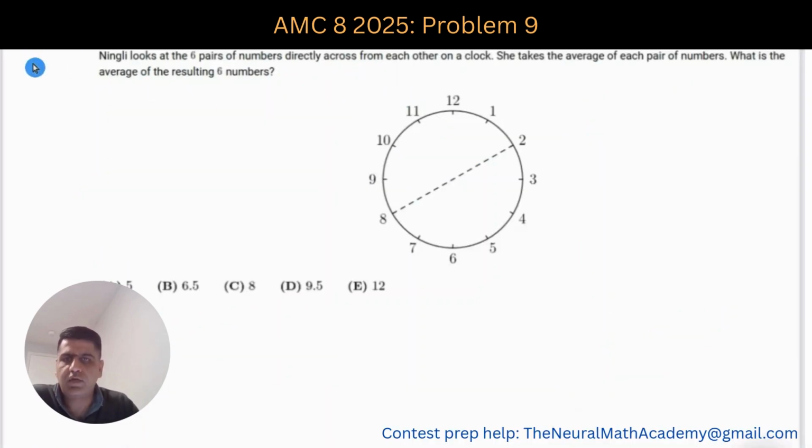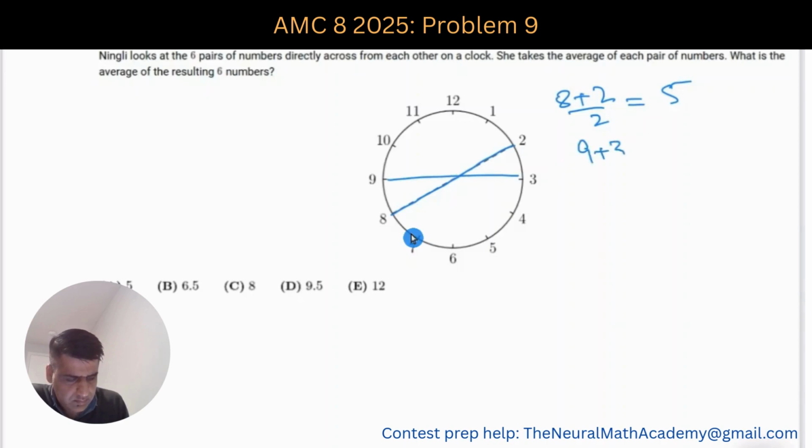Now let's look at problem 9. And in this problem, we have to take the average of each pair, and then we have to take the average of the resulting numbers. So the first pair that we have is 8 plus 2. So if we take the average, that is 5. So for the next one, 6.